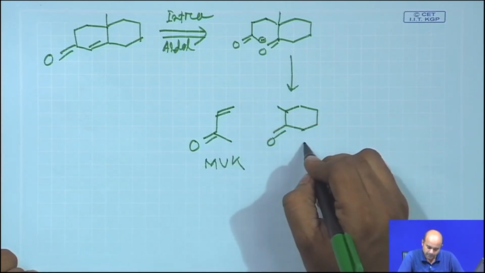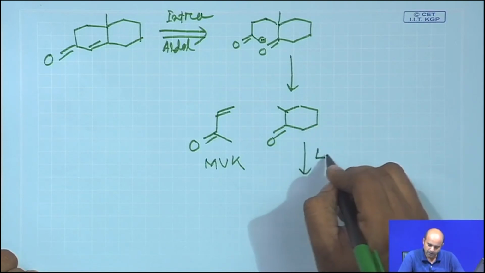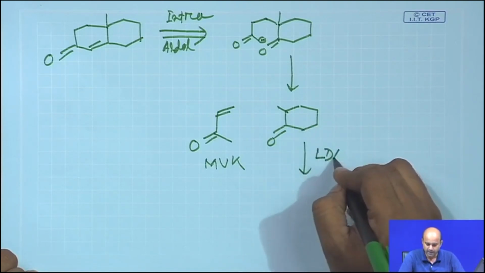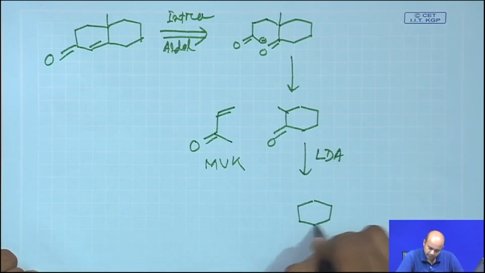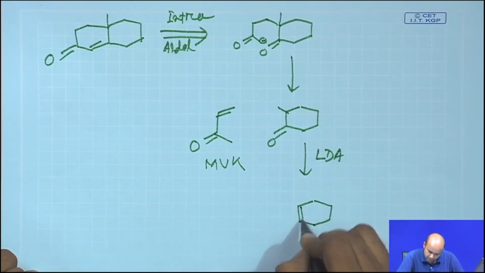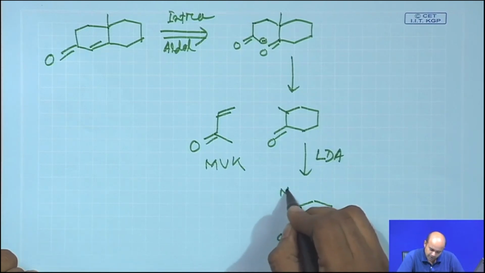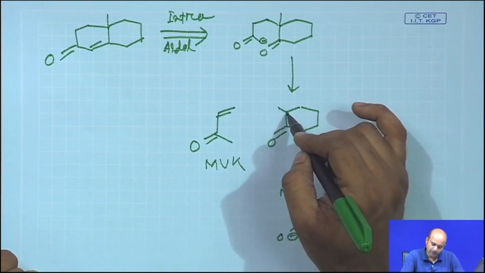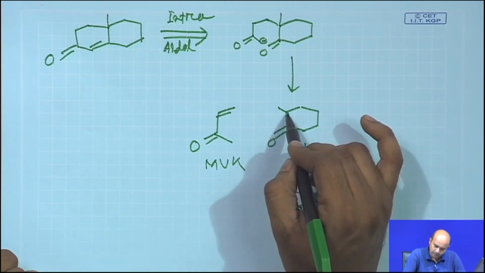If you subject this 2-methylcyclohexanone to a base like LDA, you basically have an enolate generated by abstracting this hydrogen. This is the nucleophilic point.